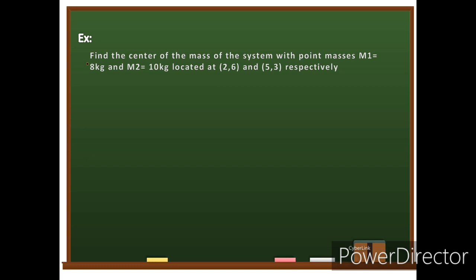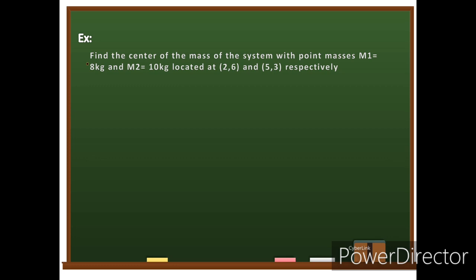So this is an example of a two-dimensional problem to find the center of mass. Find the center of mass of a system with point masses m1, which is 8 kilograms, and m2, 10 kilograms, located at points (2, 6) and (5, 3) respectively.